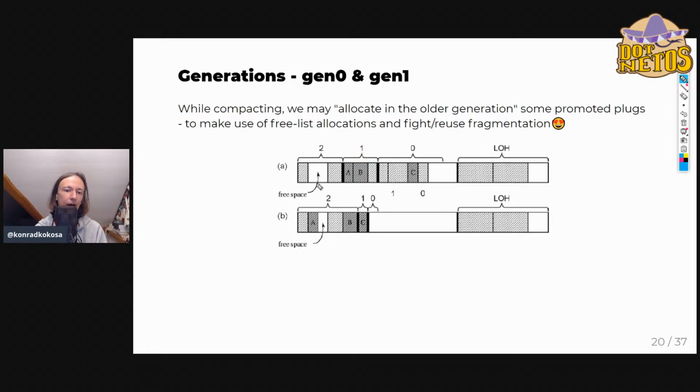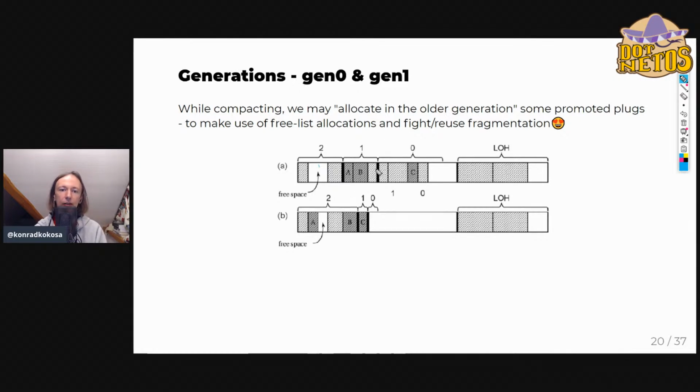Imagine that we have some gaps, and we are, for example, doing Gen 1 GC. So instead of just doing the things that I've described before, we can reuse some gaps in the older generations to move those objects to the gaps inside the older generation.